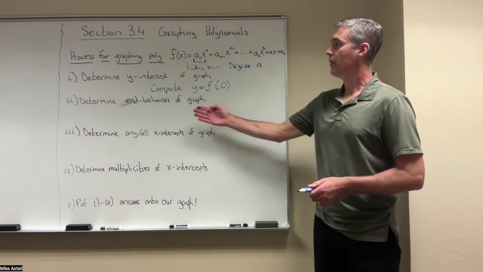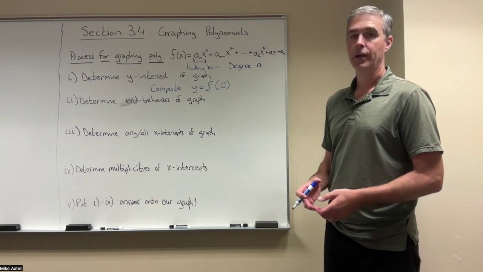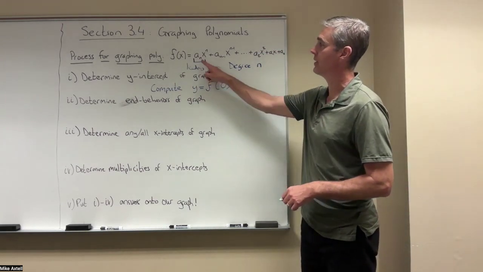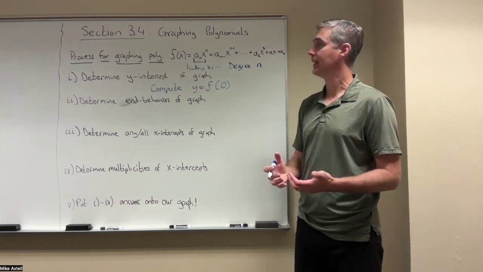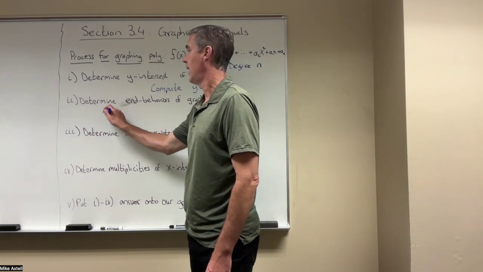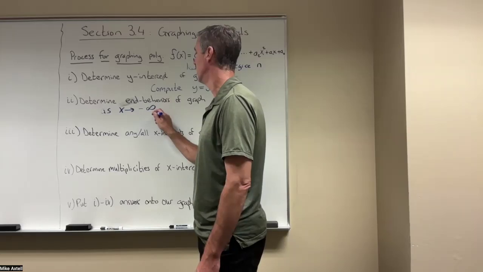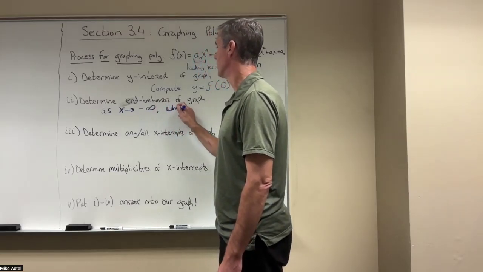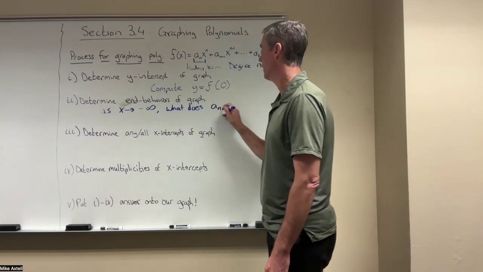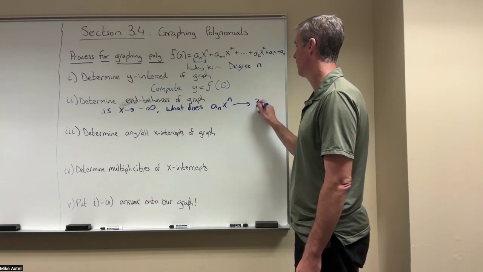Great. The next thing we determine is the end behavior of the graph. Now, from our previous work, we know the end behavior of a polynomial depends entirely on that leading term. So we're going to ask the question: as x approaches negative infinity, what does that leading term a sub n times x to the n power approach?